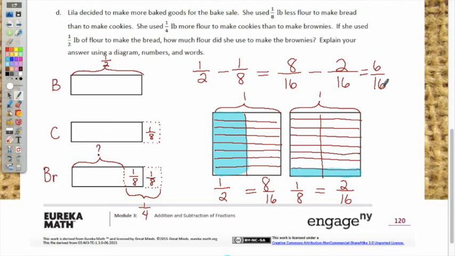Do I need to simplify this? What will I divide by? 2.